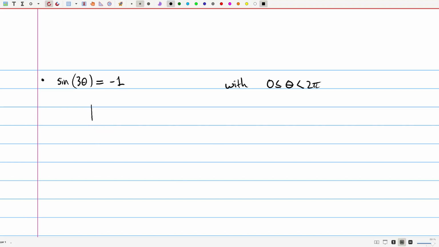So remember, as we saw before, we need to plot something like this. In this case, the amplitude is 1, the angular frequency is 3, and the phase is 0. So the period is 2 pi over 3, from doing 2 pi divided by the angular frequency.